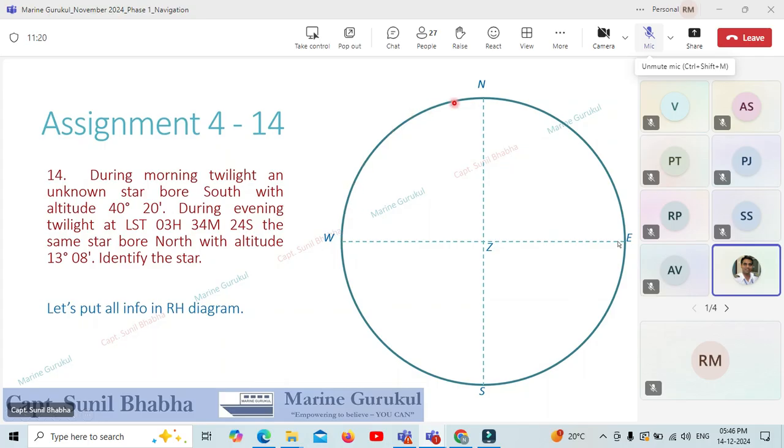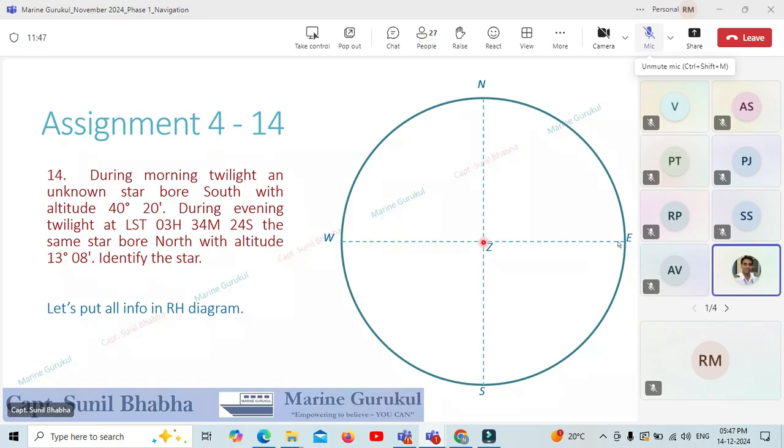Now let's put all the given information in this diagram. They have told us that during morning twilight the star was bearing south. South bearing in this diagram is represented by this line ZS. The point S is on the rational horizon with altitude 0.